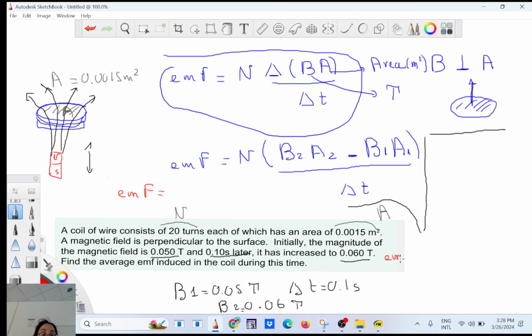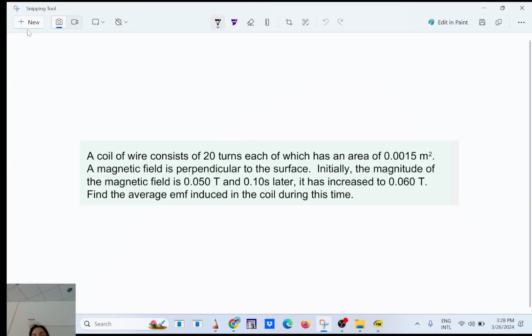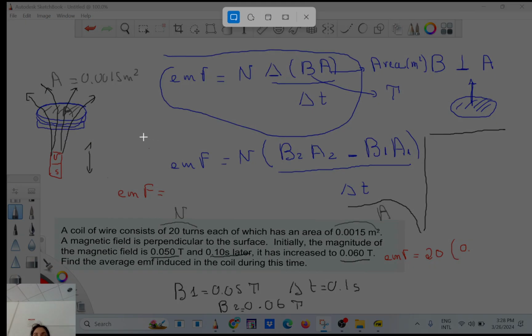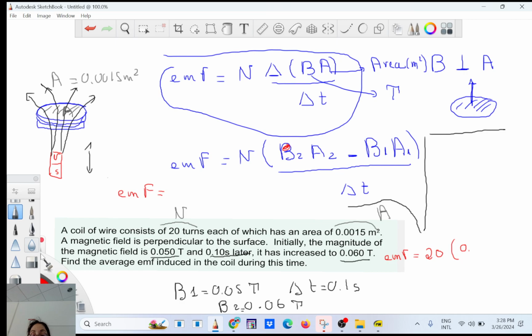So EMF equals number of loops times B2. I need more space. I cannot. No, it doesn't let me erase.